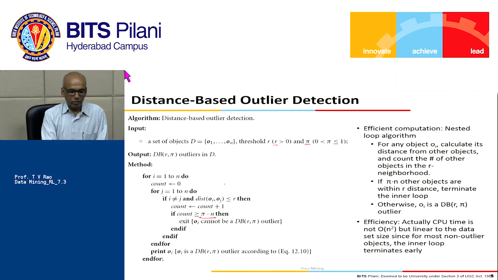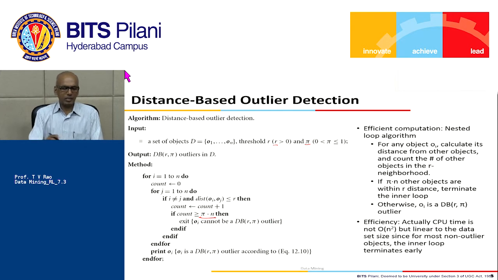Finally we get the list of all the objects that we find to be outliers. The interesting point is that since the outliers are going to be very few, most of the objects are going to meet the threshold, and they are going to meet it very quickly.